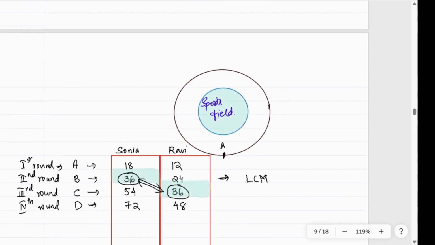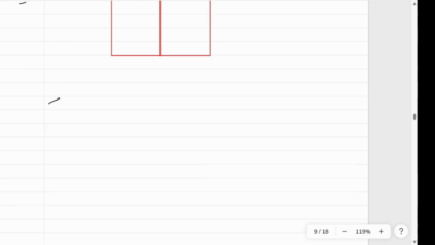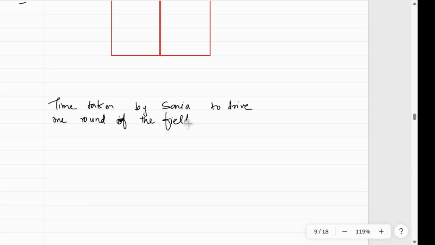Now let me write the things which are given in the question. The first one is: time taken by Sonia to drive one round of the field is equal to how much?